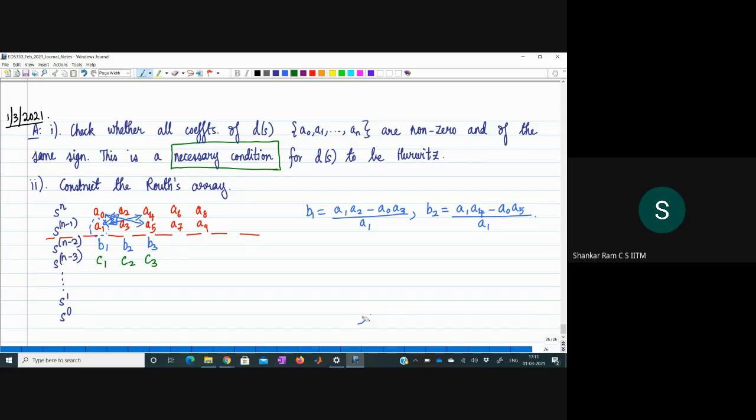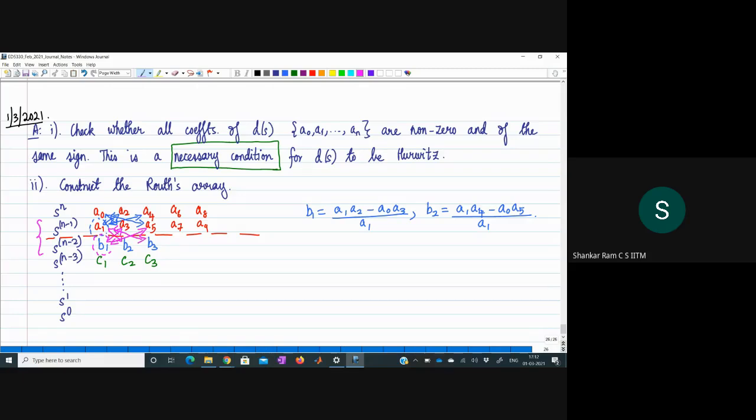If I want to calculate C1, I take the two rows immediately above it, the s power n minus 1 and s power n minus 2 rows. To calculate C1, I multiply B1 and A3, subtract the product of A1 and B2, and divide by B1. Similarly, for C2, I multiply B1 with A5, subtract the product of A1 and B3, and divide by B1.